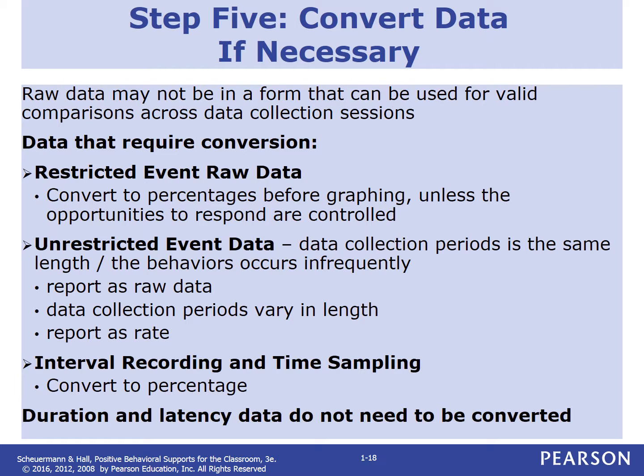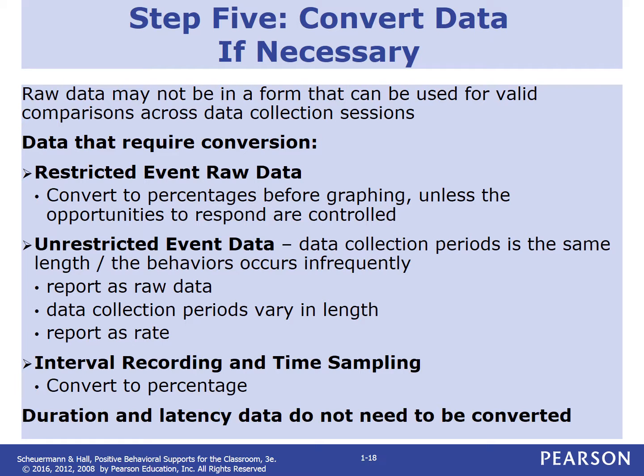Step 5. Convert data if necessary. Raw data may not be in a form that can be used for valid comparisons across data collection sessions. Data that require conversion. Restricted event raw data. Convert to percentages before graphing, unless the opportunities to respond are controlled.